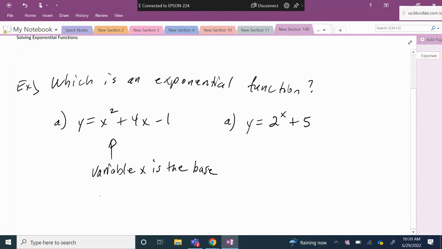These are considered algebraic functions. So answer choice A is an algebraic function.